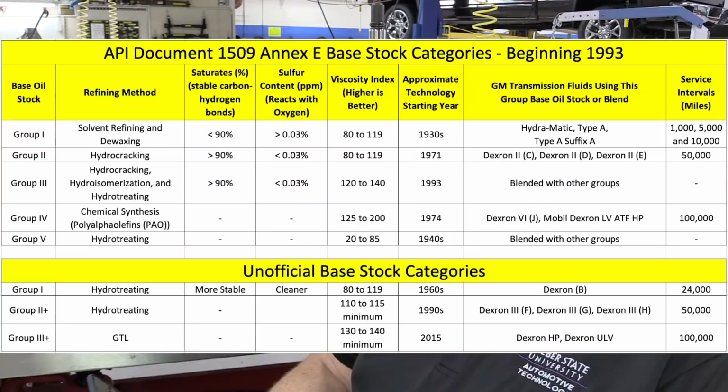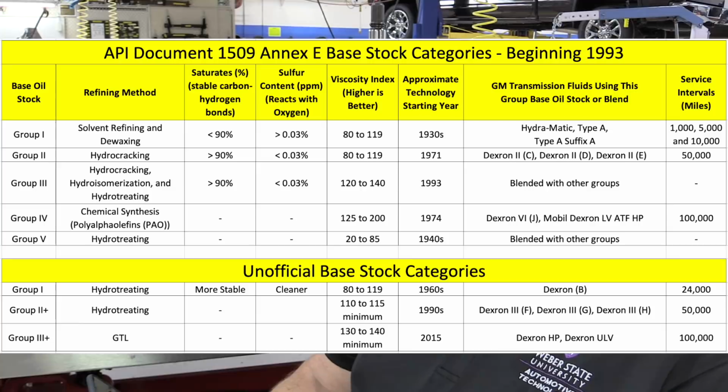Let's take a look at this table of information that I put together from document 1509 from the American Petroleum Institute, Annex E, which is base stock oil categories. Now keep in mind that these categories did not even exist until the API put this table together in 1993.